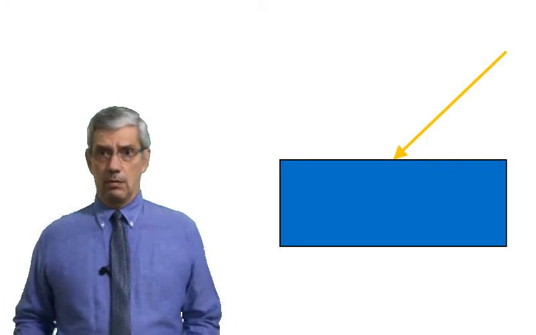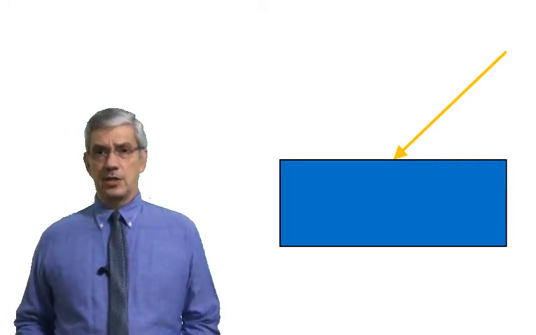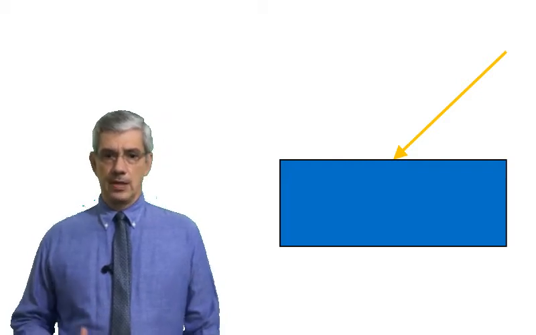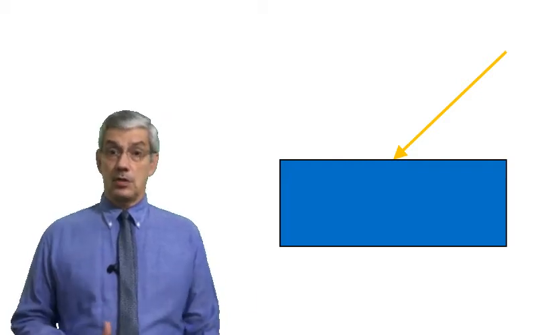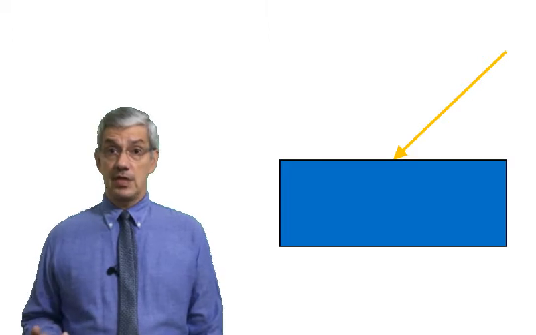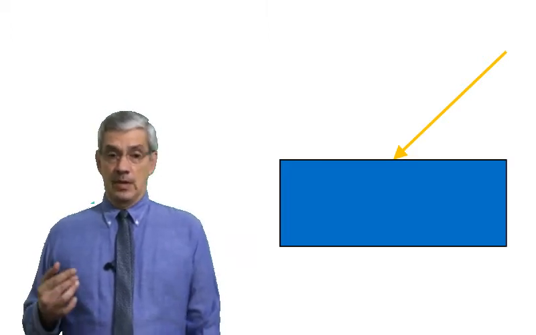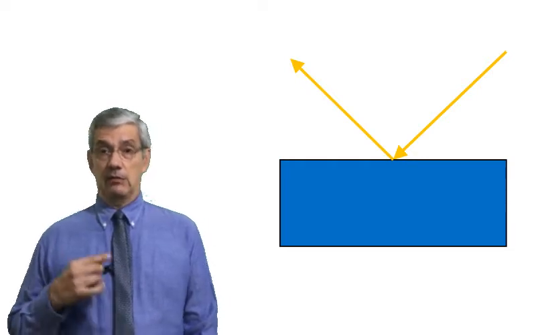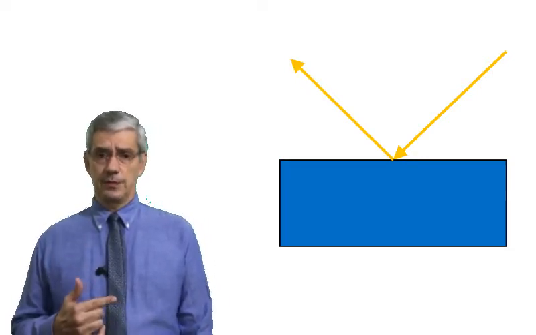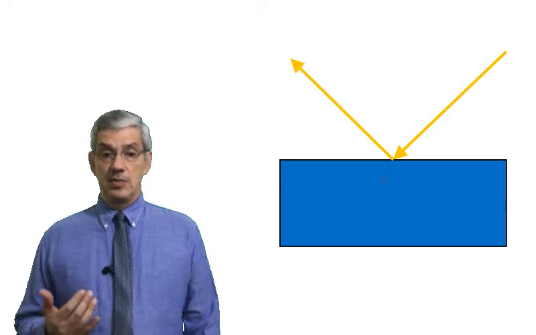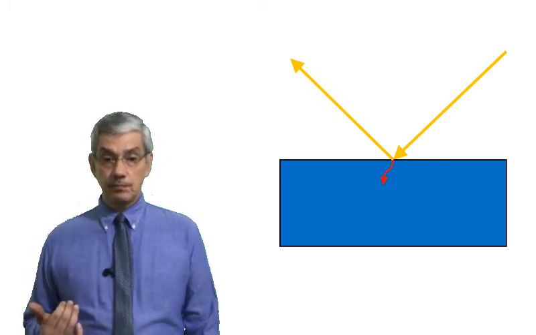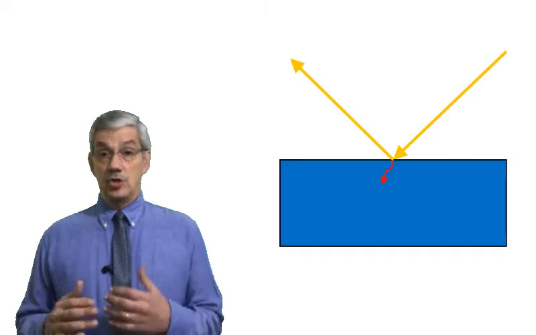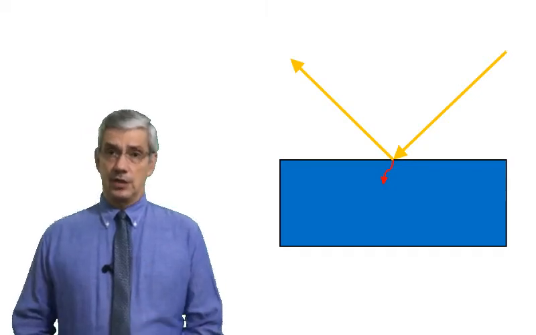So no fraction of the incoming light will cross the body. If it will not cross the body, there are two other things that can happen. The beam of light may be reflected, like you see in the figure, or it may be absorbed. If it is absorbed, then it will change into another kind of energy.